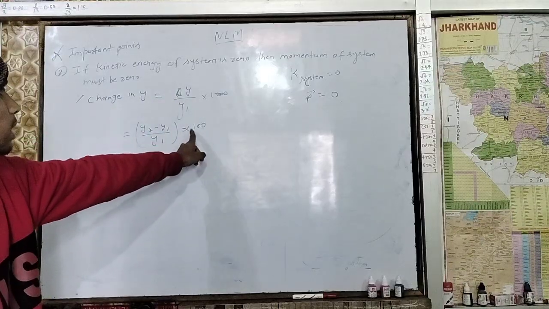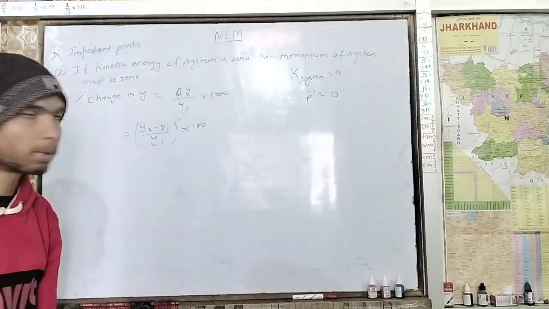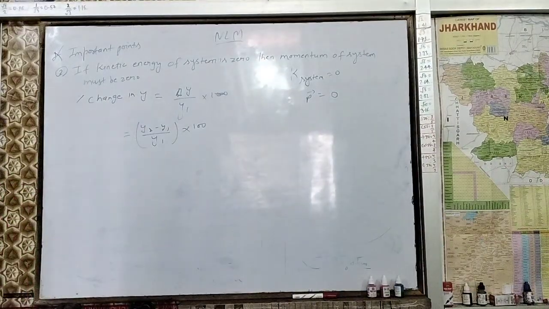So the percent change in y is (y2 minus y1) upon y1 into 100. The 100 comes because we are finding the percentage change in the variable. This formula will be used: delta y upon y1.